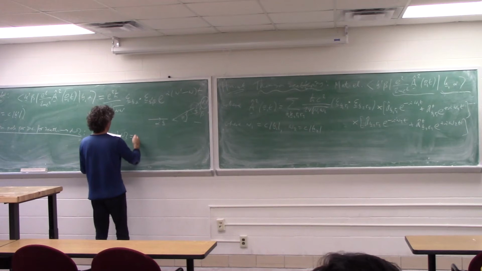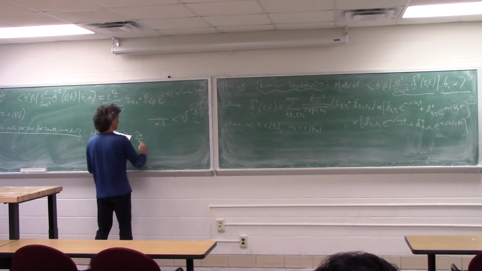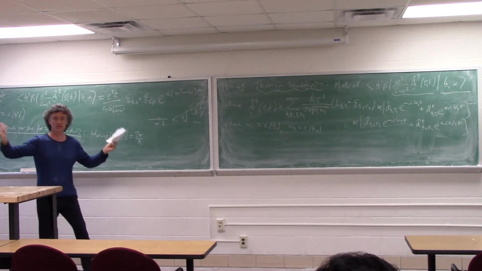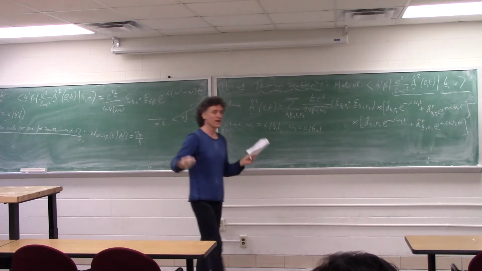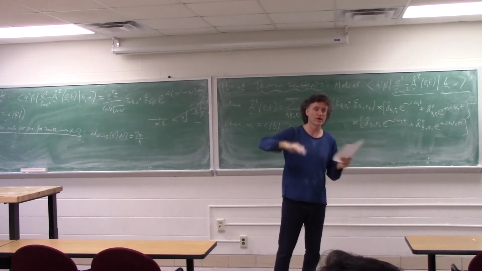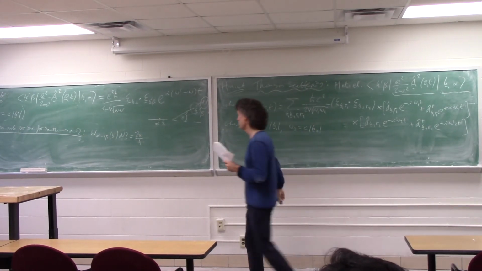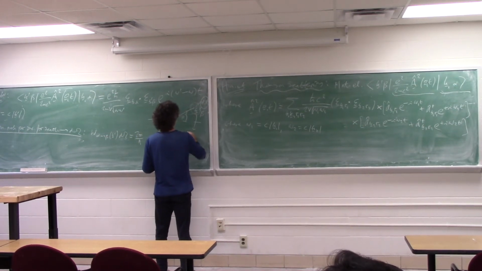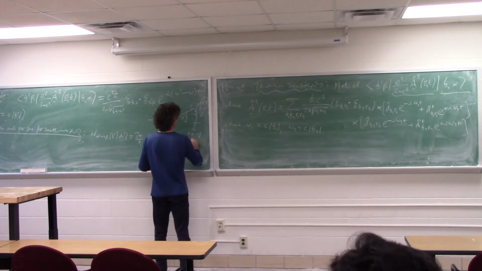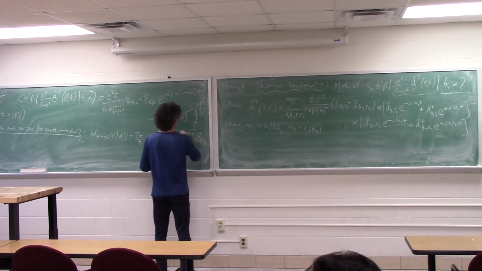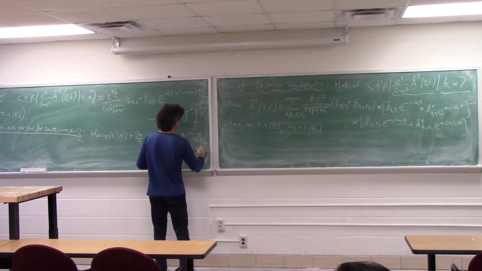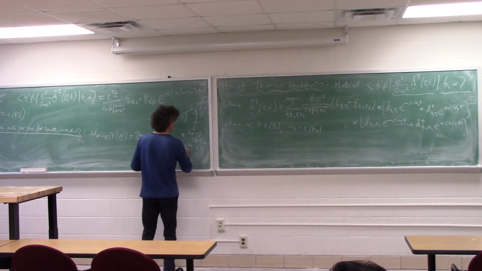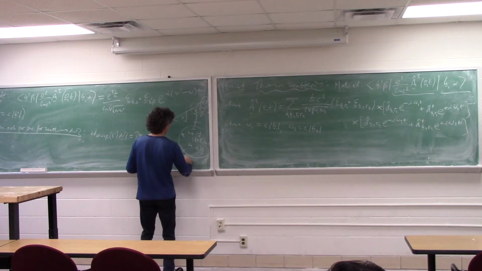You remember what we did before with Fermi's golden rule? We've got the modulus squared of the matrix element. There's a 2 pi over h bar, there's a delta function, but we have to multiply by the number of states in d3k, which is V over 2 pi cubed d3k.